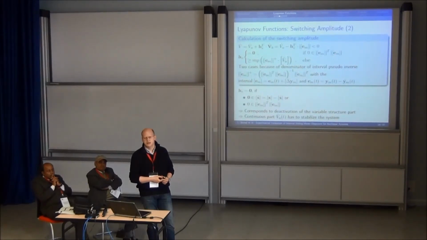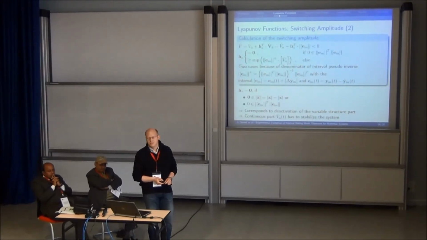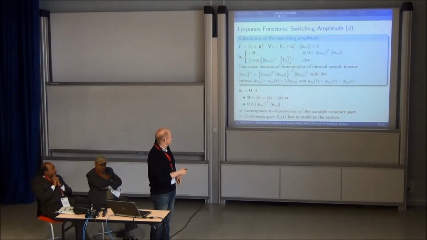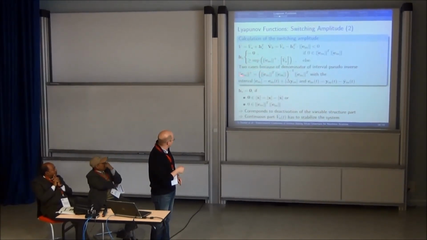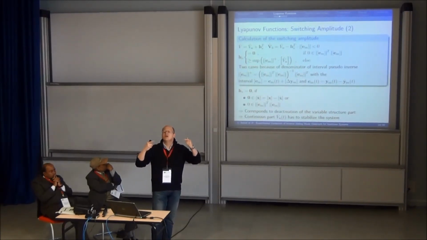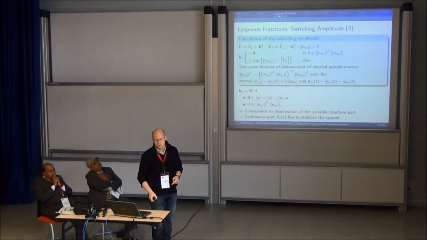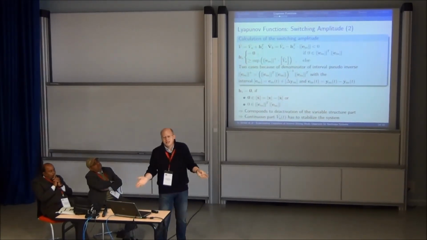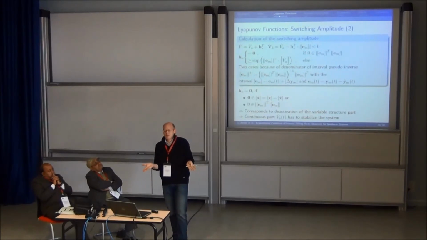What is the definition of the interval pseudo-inverse of such a matrix? I don't know what it is. It's a matrix which you multiply on the left-hand side to this matrix, defined such that it includes the identity matrix. I need some approximation here for this minimum norm solution.